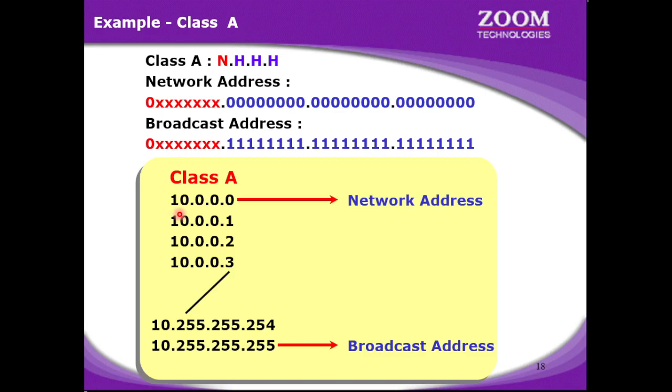So, ang nagbabago lang po sa kanya yung host.host.host portion. Okay? So, halimbawa, dito, 10.255.255.254, pasok pa rin po yan. So, this is a valid IP address. So, from 10.0.0.1 hanggang 10.255.255.254. For class A, valid po yan.